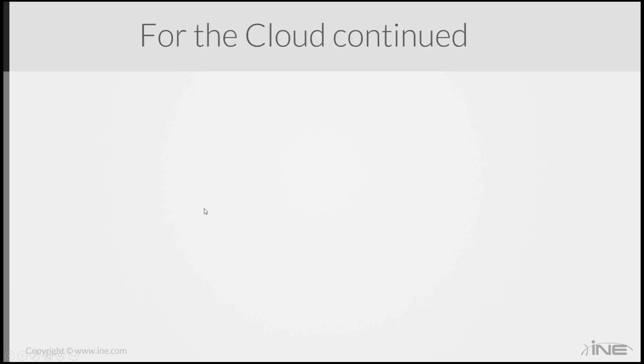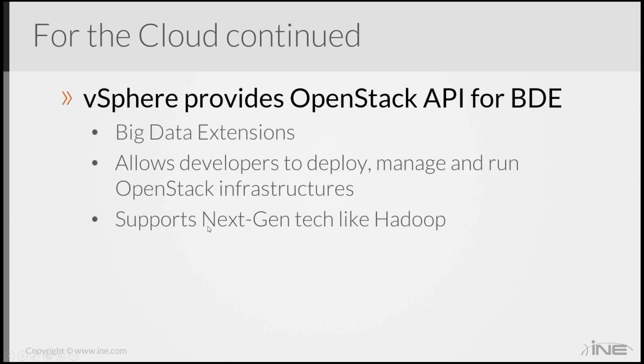The next one is that vSphere provides an OpenStack API for big data extensions. So, for instance, if you have an app dev team, you can use this to allow them to deploy and maintain an OpenStack infrastructure up in the cloud.